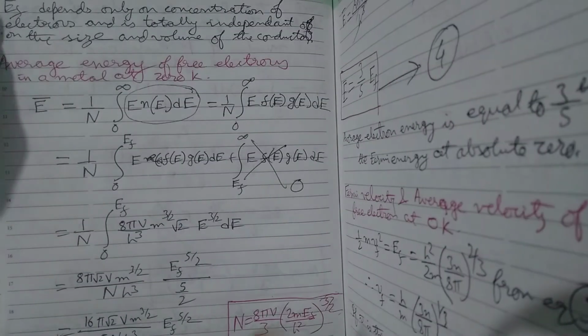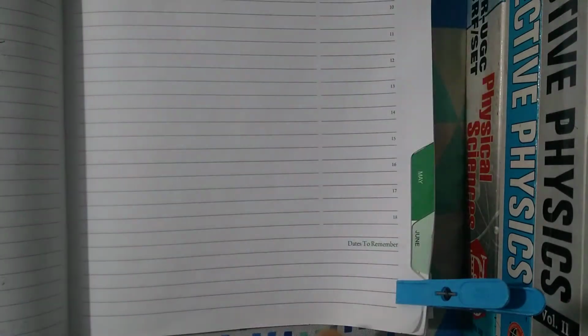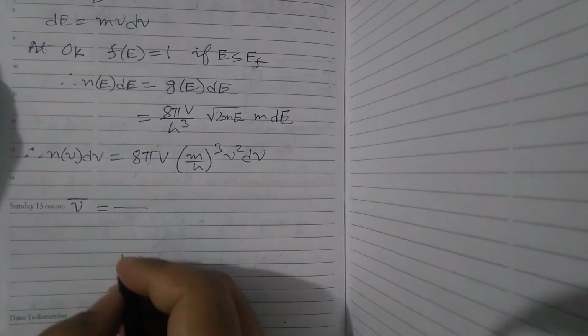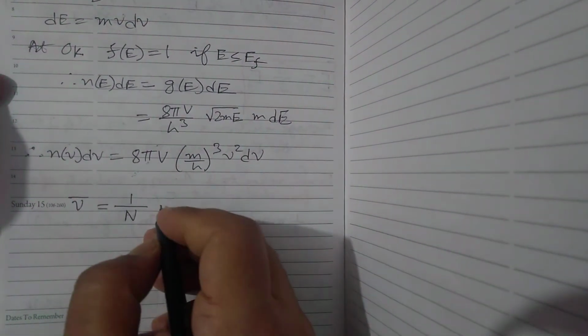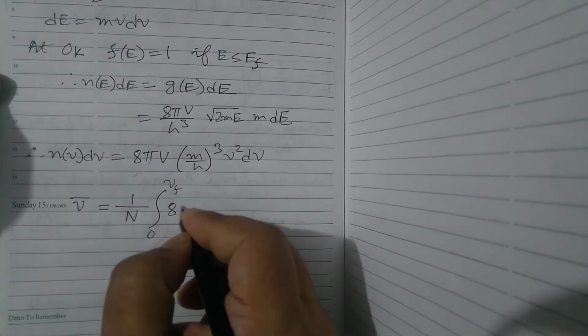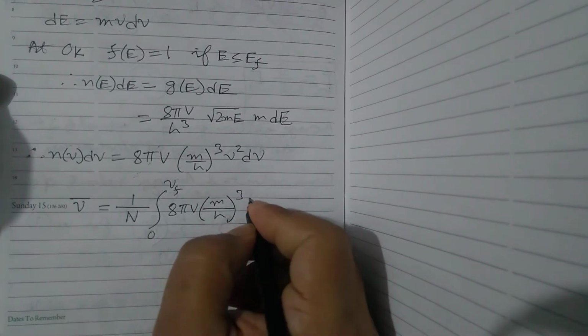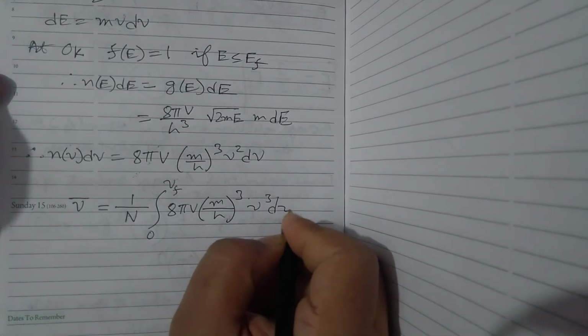Therefore v bar you can write as 1 by n into n(v) dv. We have already got n(v) dv. So v bar is equal to 1 by n into integration from 0 to vF of 8 pi V into m by h whole cube into v cube dv.